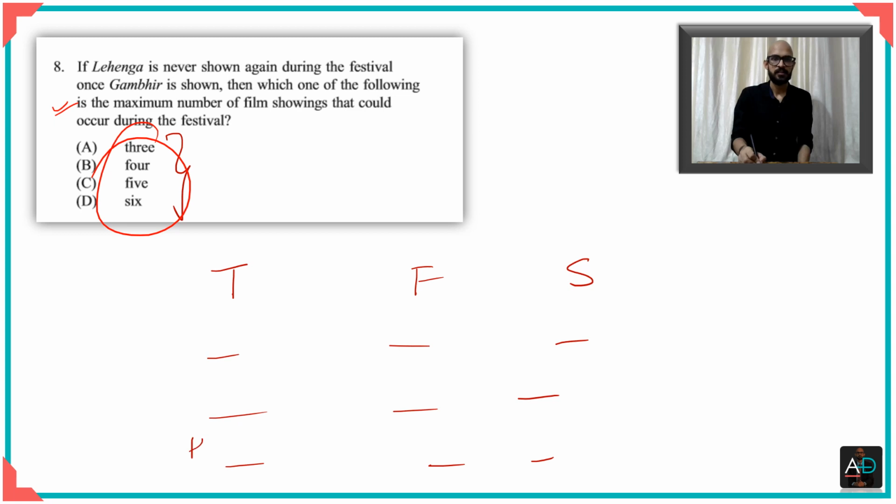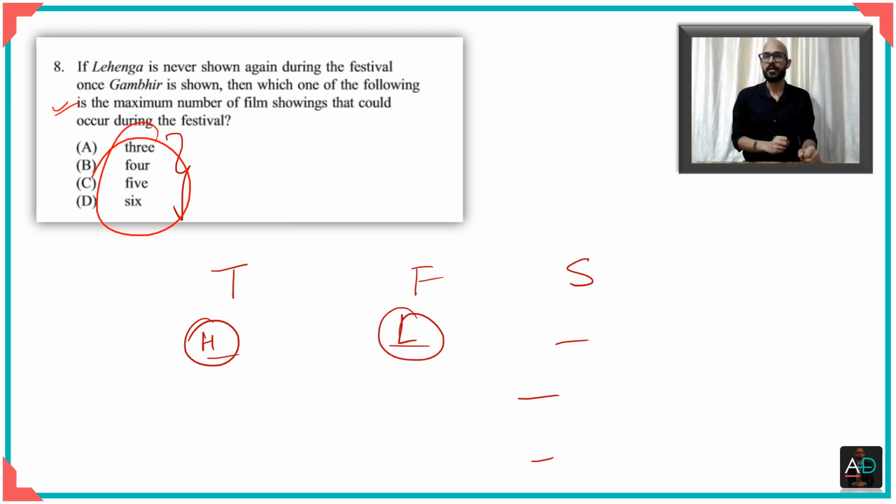See, we know that Haseen has to be at the end of Thursday, but instead of showing it last, if Haseen is shown in the beginning, what that means is that on Thursday we will have only 1 show, because after Haseen there can be nothing else. Similarly, let us say on Friday you have a choice of Gambhir or lehenga. Let us say I show lehenga. If lehenga is shown, it means this is the last show.